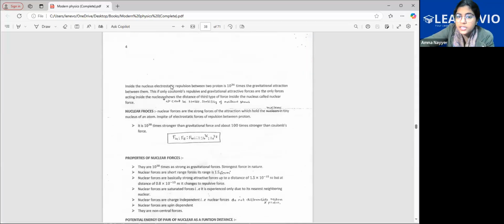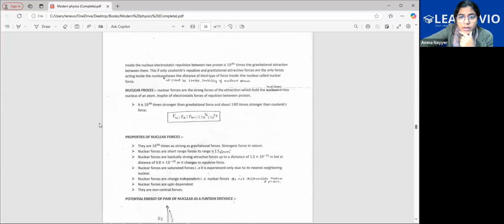So this tells that the electrostatic repulsion between two protons is 10 to the power 36 times the gravitational attraction. Now it can't be stable. This means that Coulombic repulsive forces and gravitational attractive forces are present inside the nucleus. And this is the same ratio.